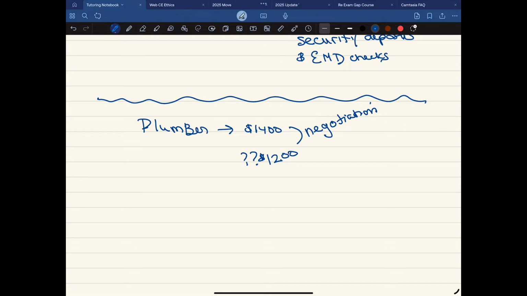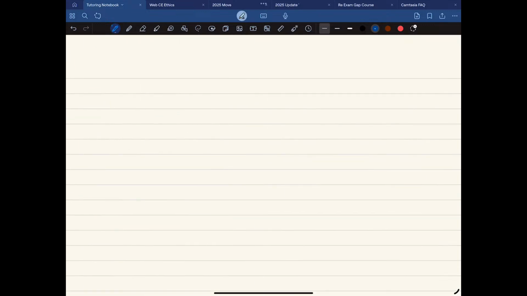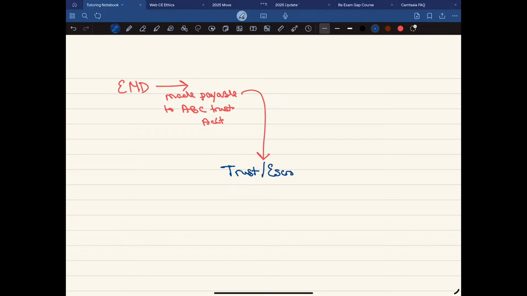You don't understand how an agent can commingle monies if everything is always addressed to someone other than the agent. Okay. The way to answer this question is realize you might have an EMD check, and that check is made payable to ABC trust account. And that money is put into a trust or escrow account.